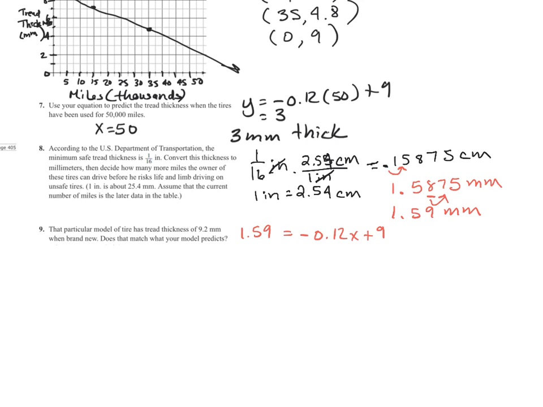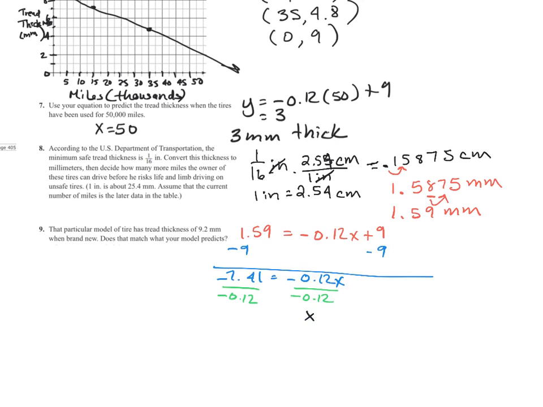So I am going to subtract 9 from both sides. So 1.59 minus 9 gives me negative 7.41 equals negative 0.12x. And then now let's divide both sides by negative 0.12.